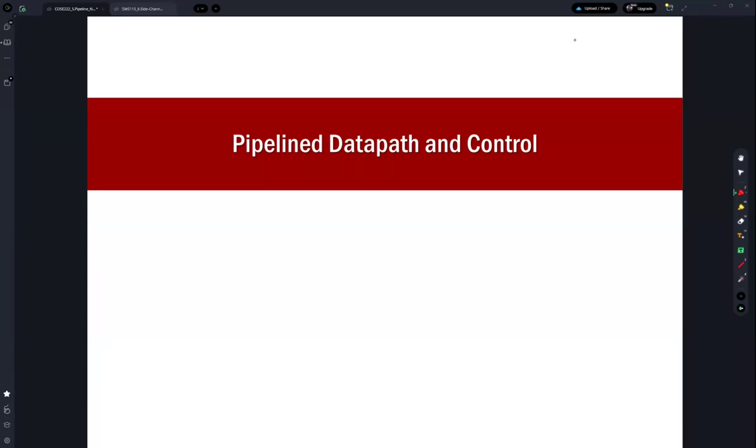In the previous classes, we learned how to implement the single cycle processor, and now we will learn how to implement the pipeline architecture.